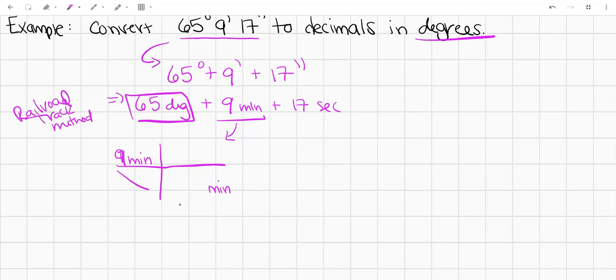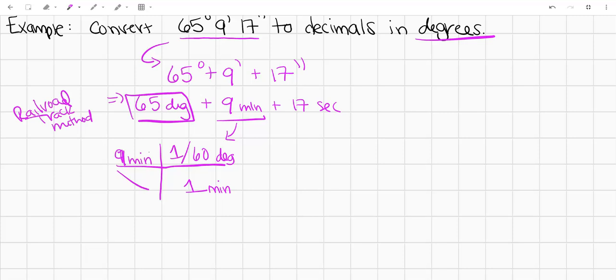So converting from 9 minutes, we know that 1 minute is equivalent to 1/60th of a degree. Okay. Now notice that with the railroad track method, the values at the top are my numerators, and the values on the bottom are my denominators.